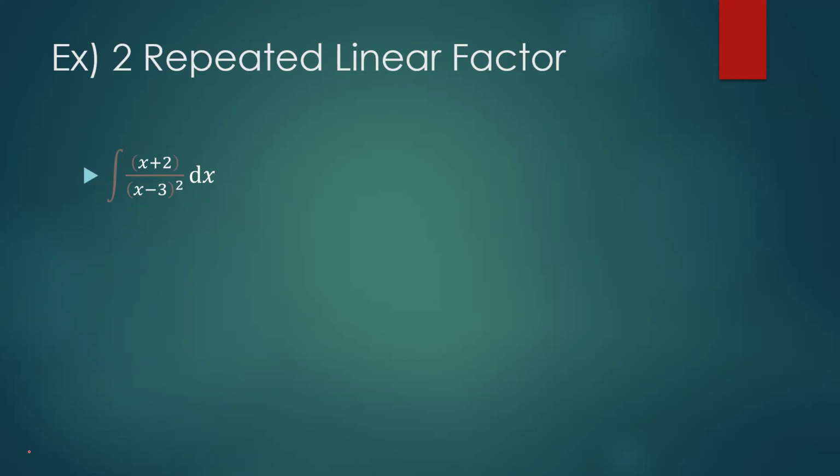Okay, on example 2, we have a repeated linear factor. So we have the integration of x plus 2 over x minus 3 squared dx. So we've got to decompose it, and x minus 3 is a linear factor.